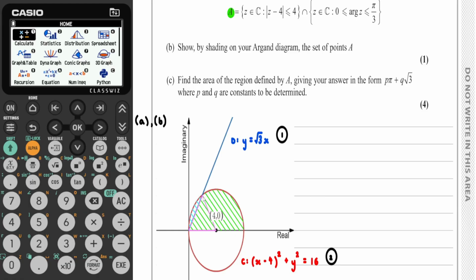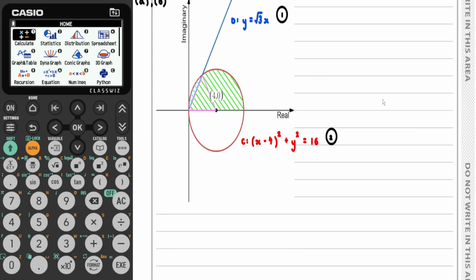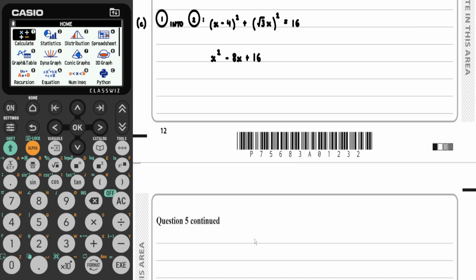What we will do to begin with is find out the point of intersection. We can find that point of intersection by substituting equation 1 into equation 2. So we replace the y with root 3x. So we've got x subtract 4 squared plus root 3x squared equals 16. So I've got x squared subtract 8x plus 16 plus 3x squared equals 16.